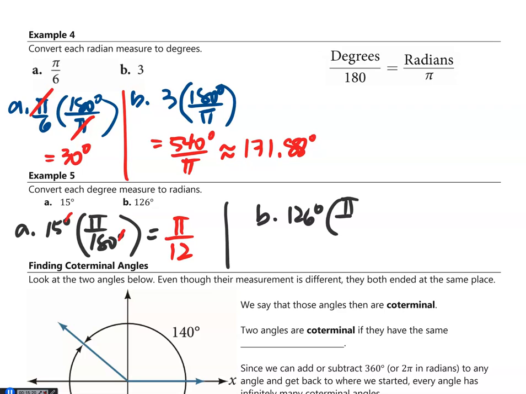Multiply this by pi over 180 degrees. And that is both divisible by 2, so 63 pi over 90, or this divisible by 9, so 7 pi over 10 radians.